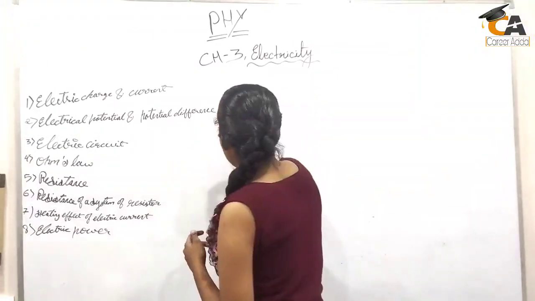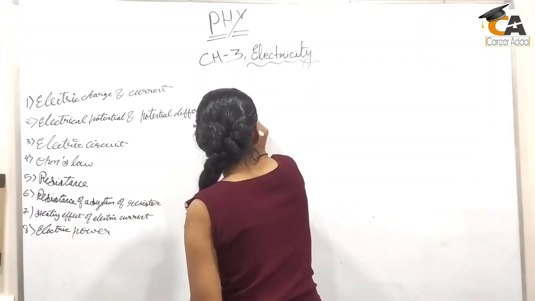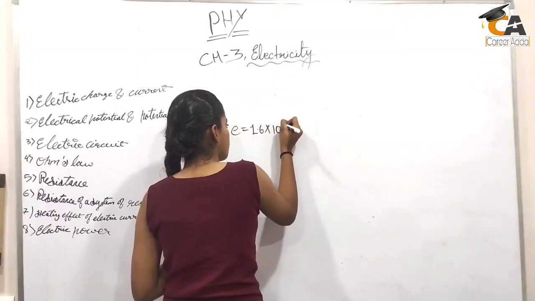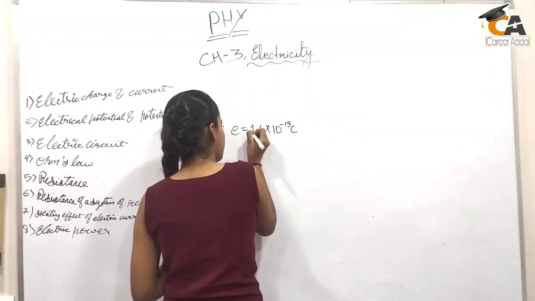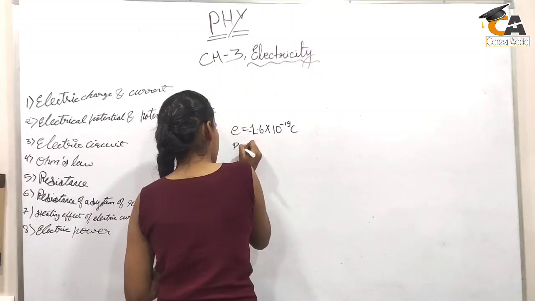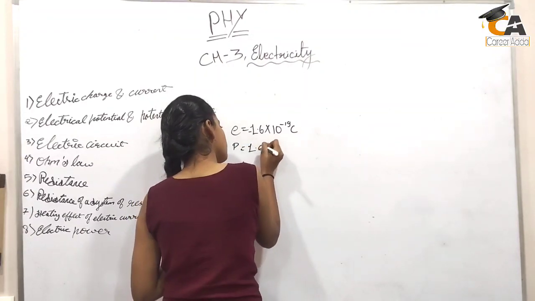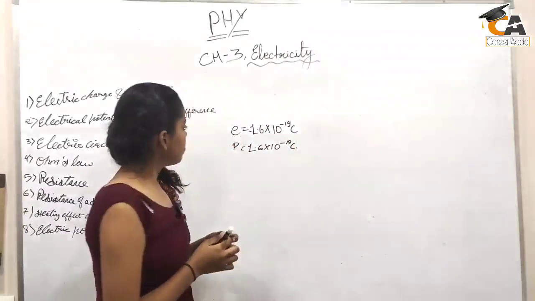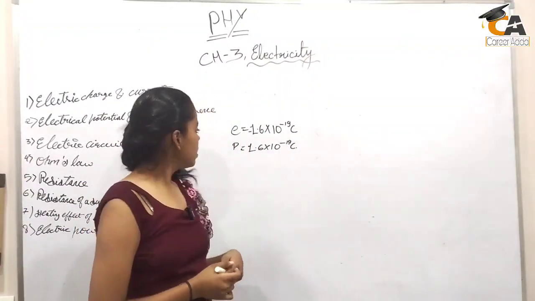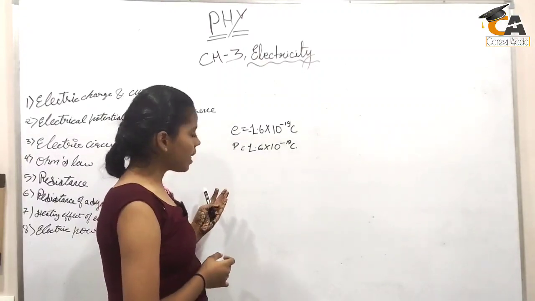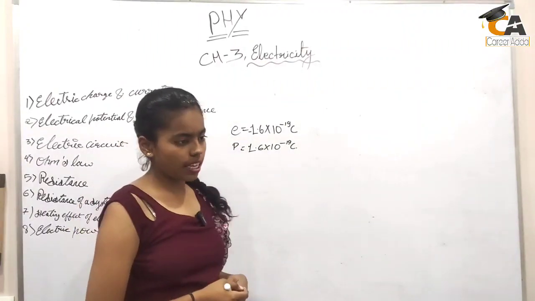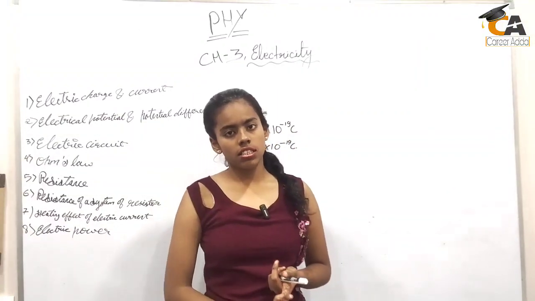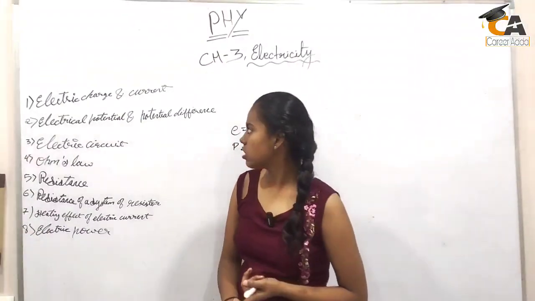So these are the values of electrons and protons. Electrons have negative sign and protons have positive sign. As you know, electrons are negatively charged and protons are positively charged.